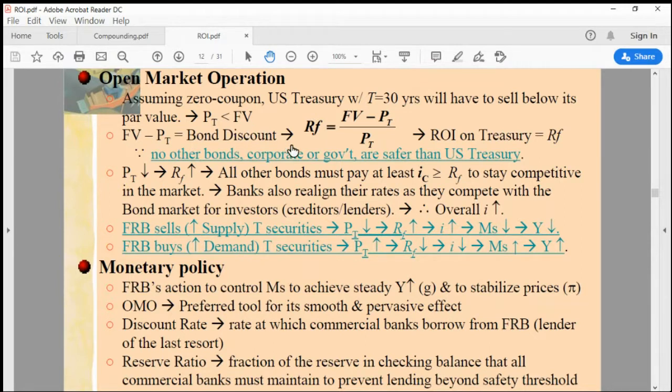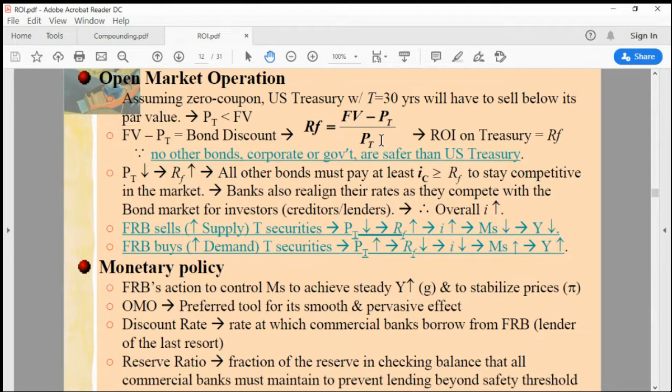So if you think about it, the return on investment on this 30-year Treasury bond is calculated this way: face value minus the selling price of the bond, which is capital gains, divided by the selling price of the bond. Because the selling price of the bond is your initial investment.